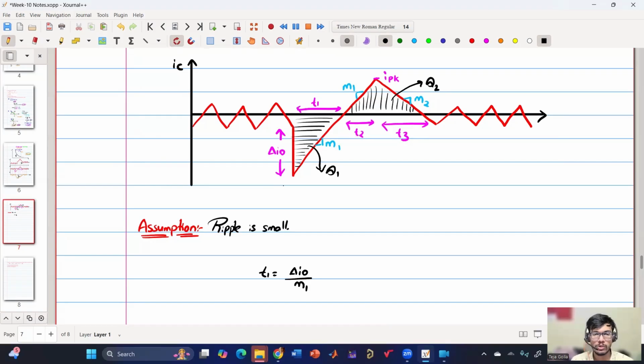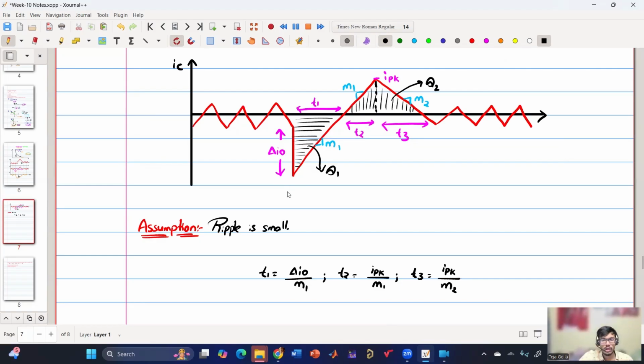Now can you tell T2 as well as T3 in terms of I peak, M1, and M2? I peak by M1 is T2, and I peak by M2 is T3. Very good.